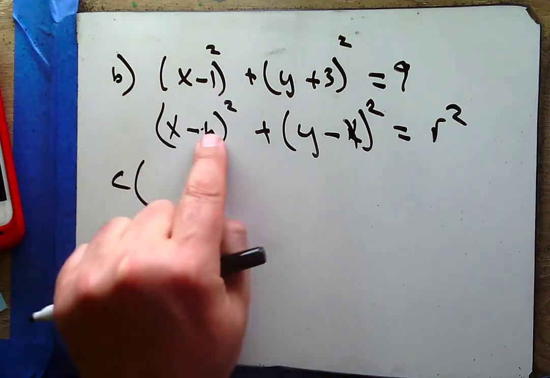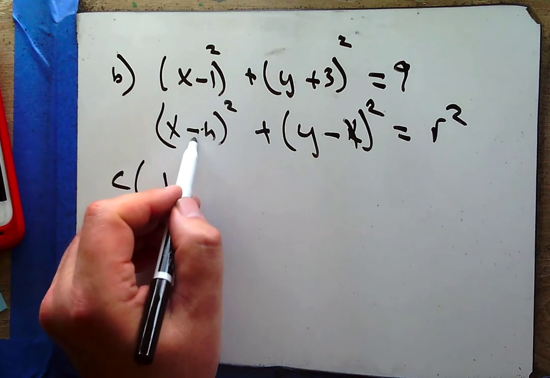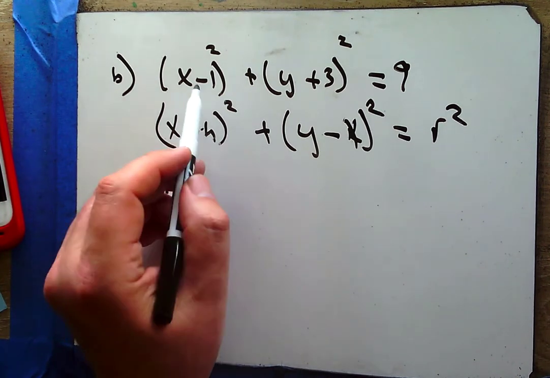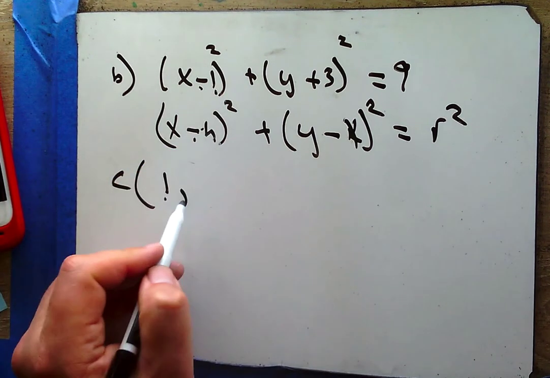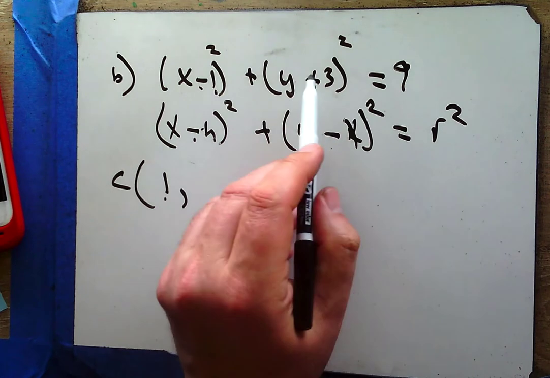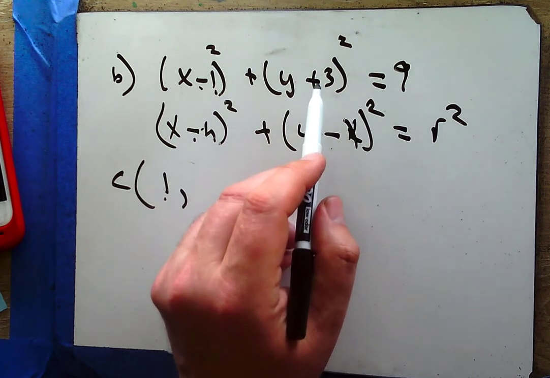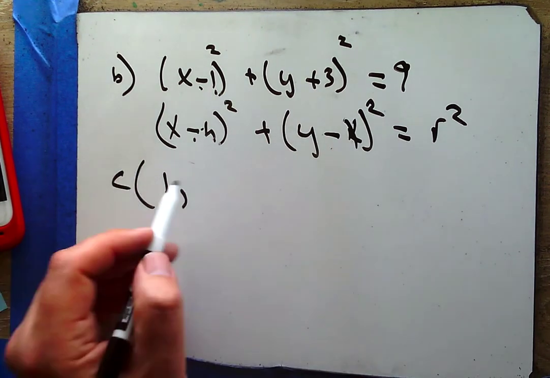So my center is going to be at 1, not negative 1. See that minus? There's a minus there in front of the h. The h is 1. But what about k? Well, there's supposed to be a minus here. So what value must k have so that I see a plus? Well, k must be negative 3.